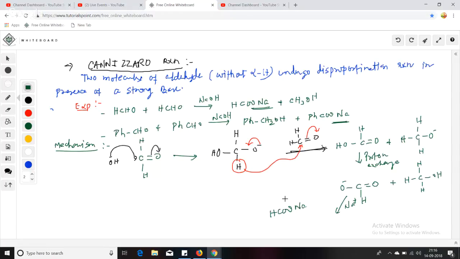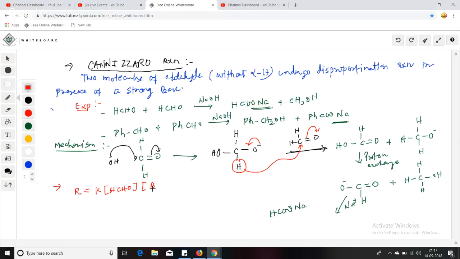Now the important points, 2 or 3 points here from the JEE point of view, you must write down, since you have done a bit of kinetics also. So the rate law expression for this will be R equals K into the concentration of the aldehyde HCHO, plus the concentration of the base also.